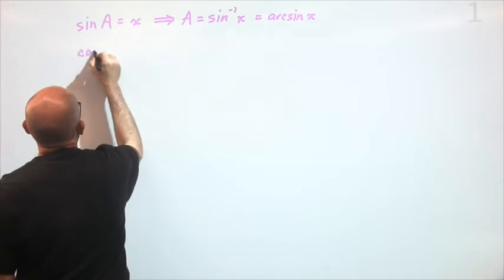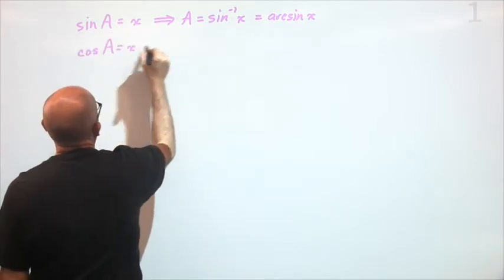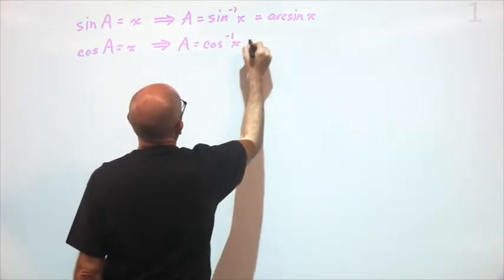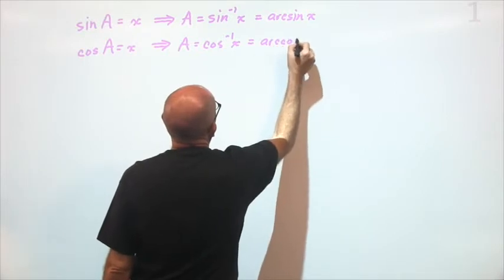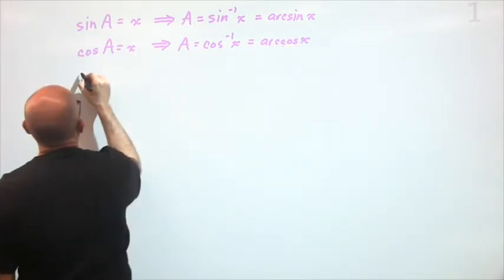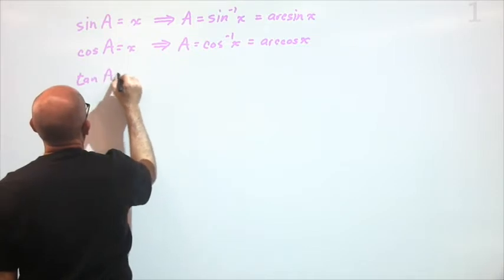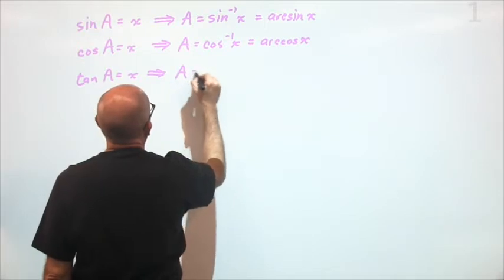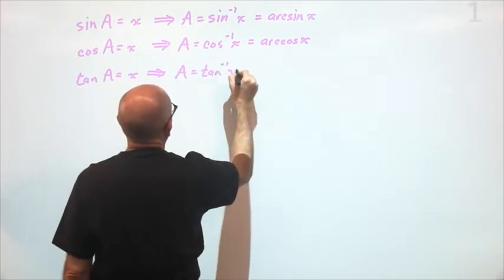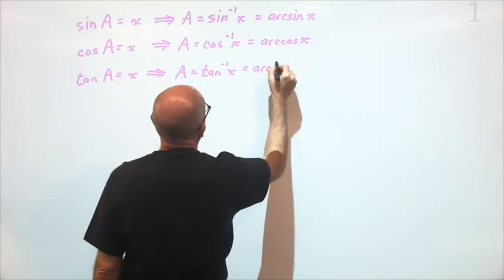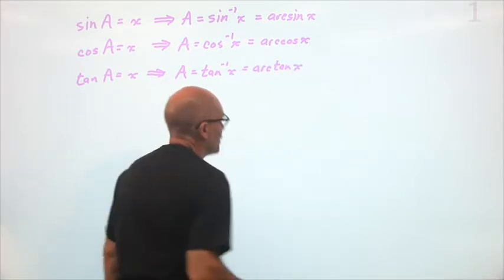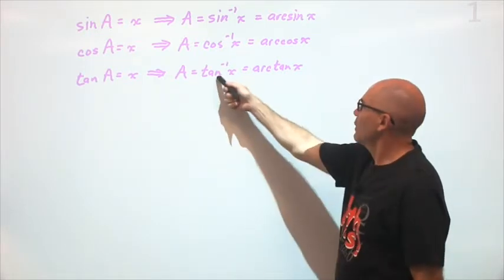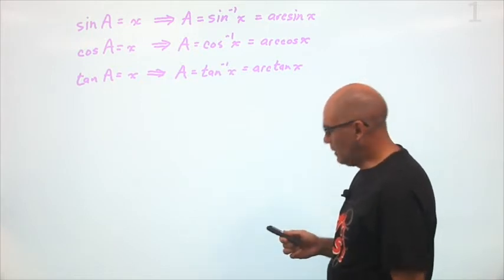If cosine of the angle equals x, then the angle equals the inverse cosine of x, or the arccosine of x. And if tangent of an angle equals some x value, then that means the angle is the inverse tangent of x, or the arctangent of x. So there's two different notations that mean the same thing. Inverse tangent, arctangent mean the same thing.